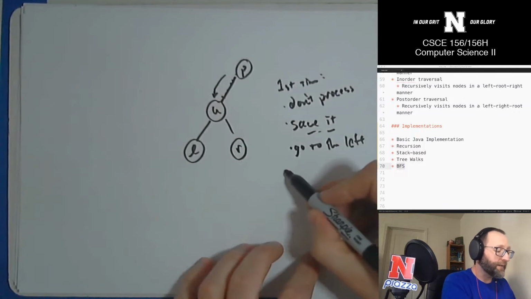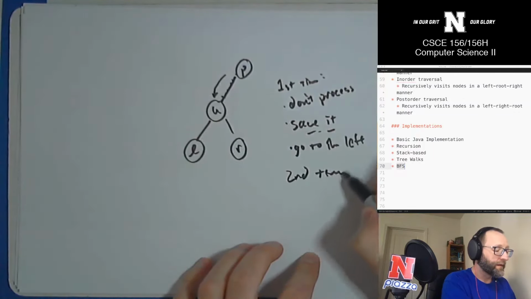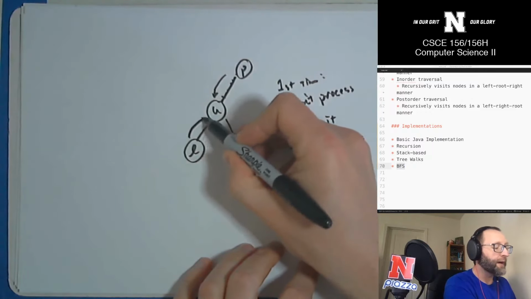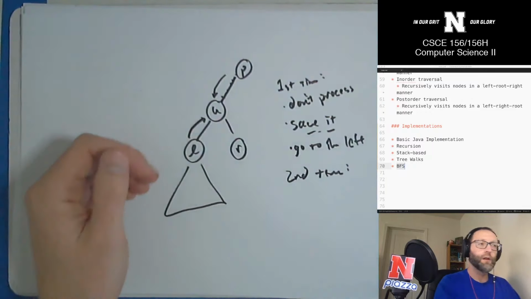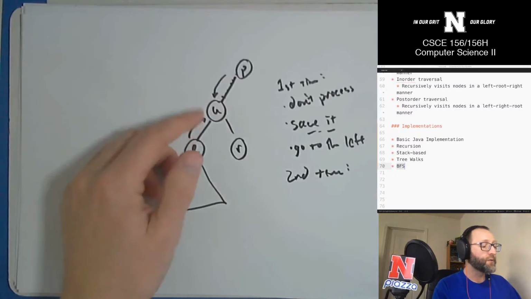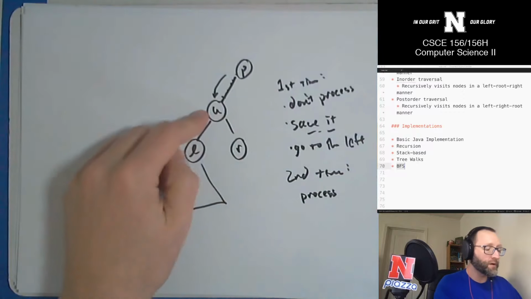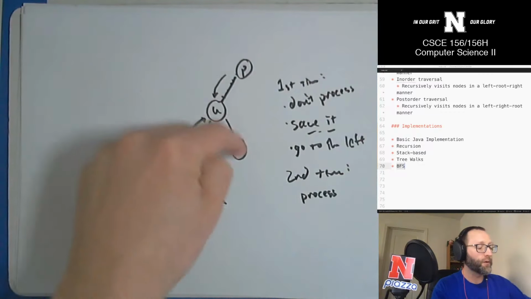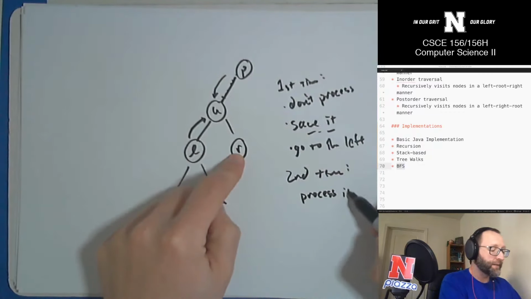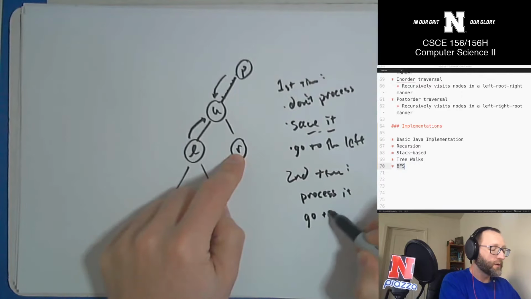Now the second time that we've seen this means that we're coming back from having processed this entire left subtree. So now we do need to process it, because an in-order traversal goes left, then root, then right. So we process it, and then go to the right.